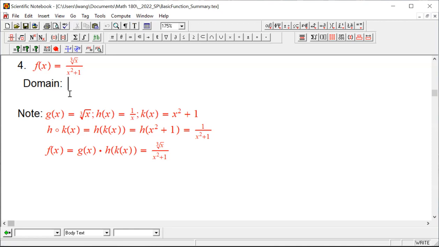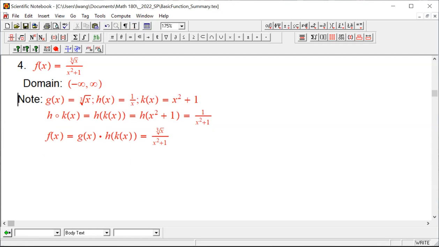It will never be 0. Therefore, the domain is actually all real numbers, because when you ask for x squared plus 1 not equal to 0, it's always true. Okay.